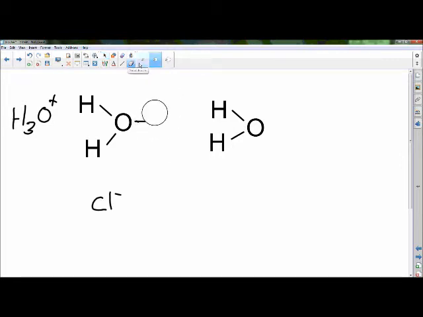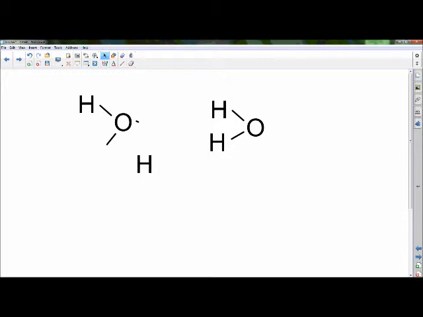Now what's interesting is when we look at a mixture of water, there is a certain number of water molecules that are going to give up their hydrogen, and so they're acting like acids. So this one's going to give up its hydrogen, and it's going to be left with that negative charge. And then there's going to be a certain amount of water molecules that can take on that hydrogen and form hydronium.